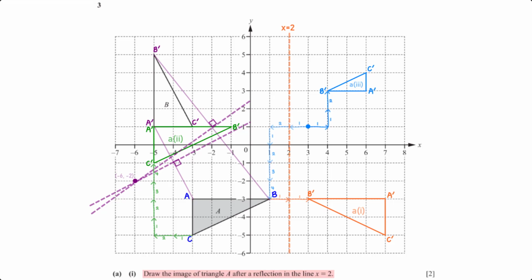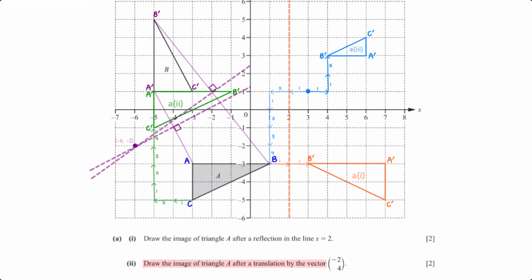For point B on the triangle, since we move 1 unit to the right to touch the line of reflection, we also need to move 1 unit to the right from the line of reflection to pin the new position of point B. We need to repeat the same process for points A and C on the triangle as well. When we are done, we are able to map out the reflected image of triangle A.